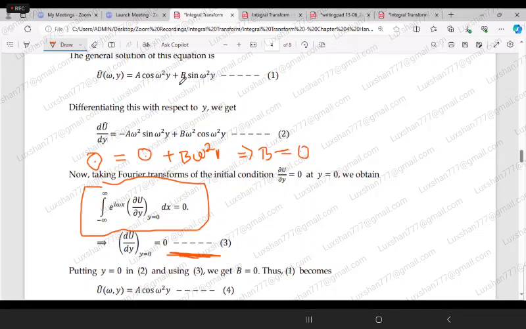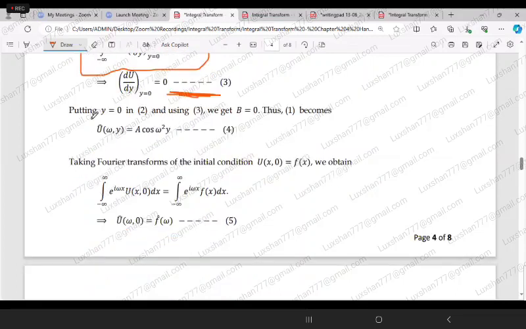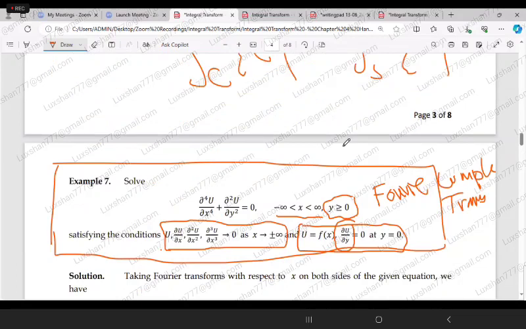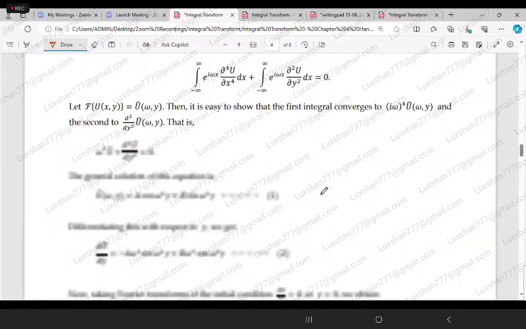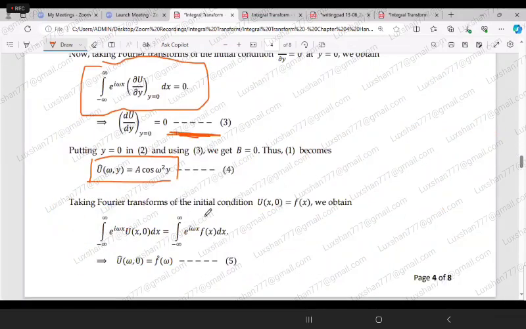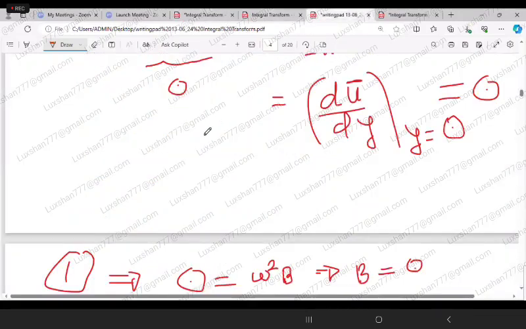Now we are putting b equals 0 here. Therefore, we get u bar equal to a cos omega squared y. So this initial condition is used. Now for the second one, what do we want to do?